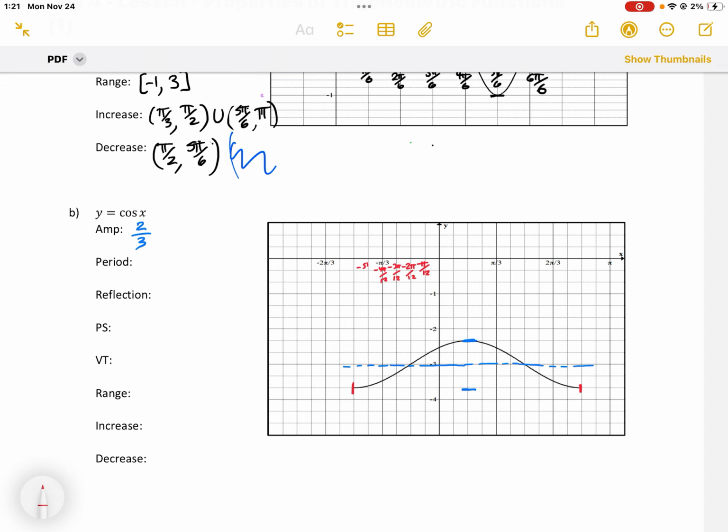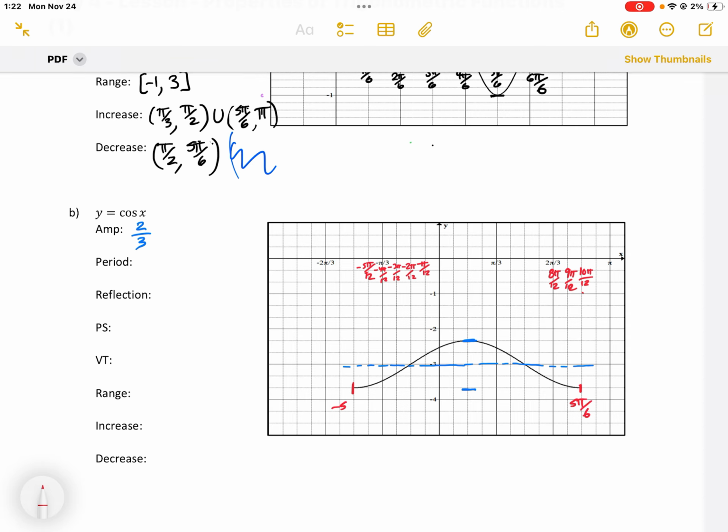And then this would be minus 5 pi over 12. On the right-hand side, this part right here would be, let's see, times 4. This one is 8 pi over 12. If I keep going, I've got 9 pi over 12 is the next one, and then finishing at 10 pi over 12, which would be the same as 5 pi over 6.